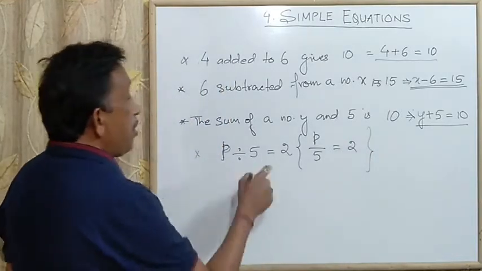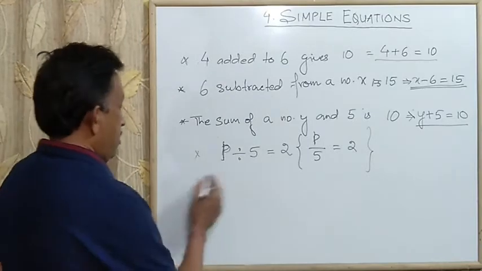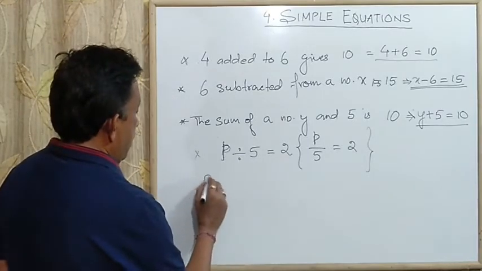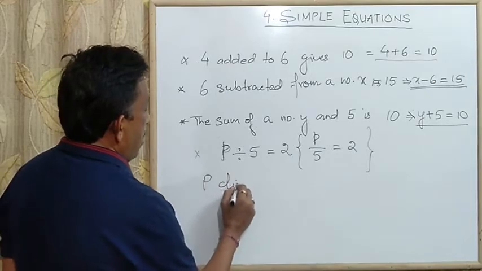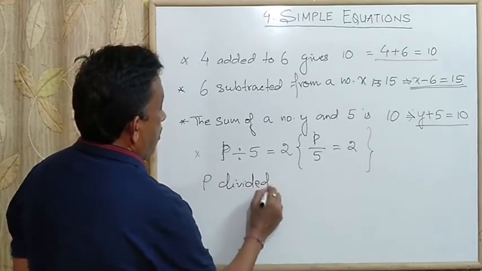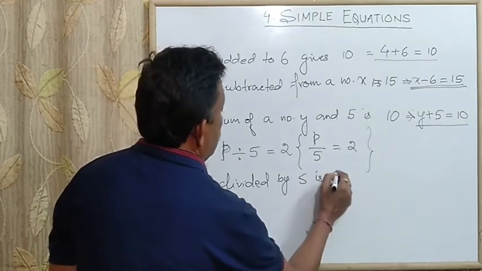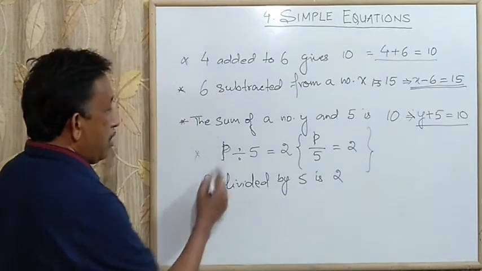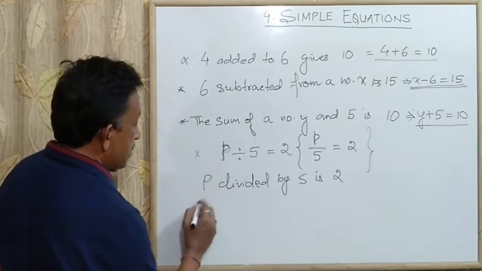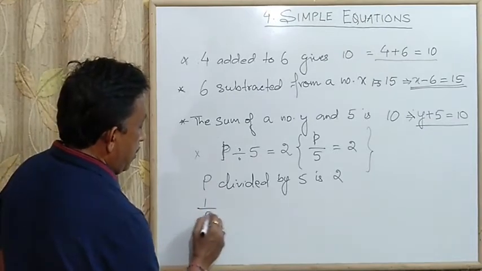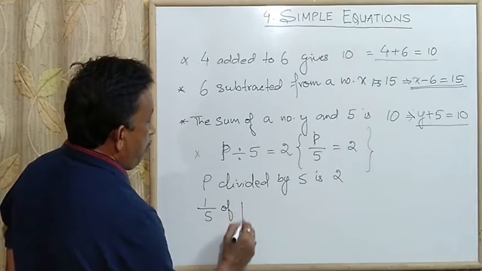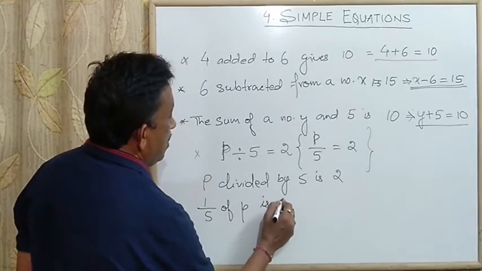So how are we going to convert it into a general statement? p divided by 5 is 2, or this can also be written as 1/5 of p is 2.